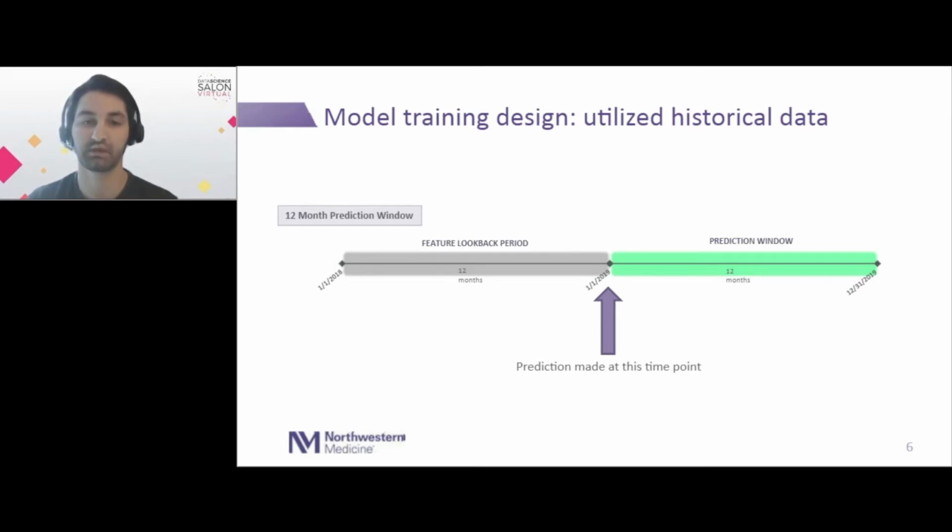So we're using data from the past year, gathering a bunch of data, and trying to say, at this time point right here, can we actually predict whether or not that patient is at a high risk for an avoidable admission within the next year? This was how we designed the study, and this is how the model data was collected.